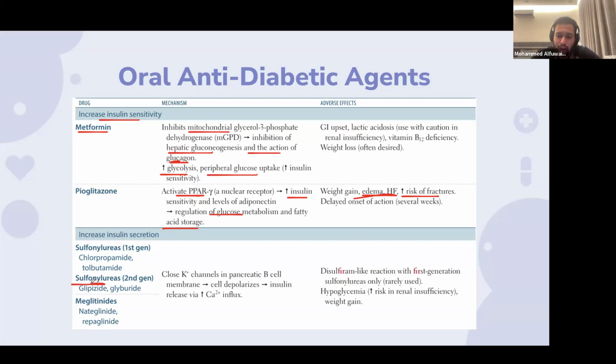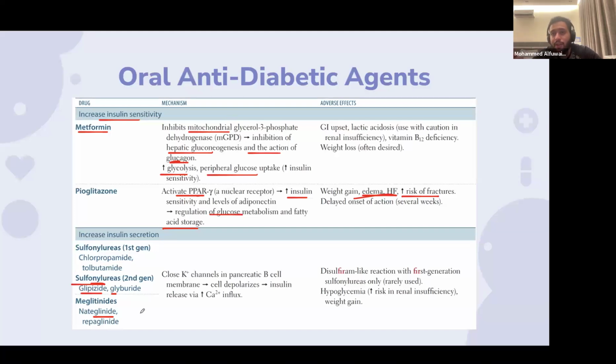So sulfonylureas, you have two generations. The second generation is more tolerated, and it has fewer side effects, so that's all you need to know. You have glipizide and glyburide, okay? And then you have meglitinides, which is everything that ends with glinide, okay? Just memorize the ending, honestly, for a lot of these drugs. So anyways, these will increase insulin secretion, okay?